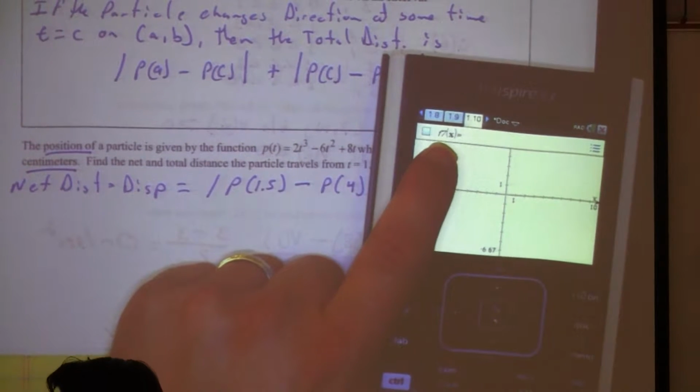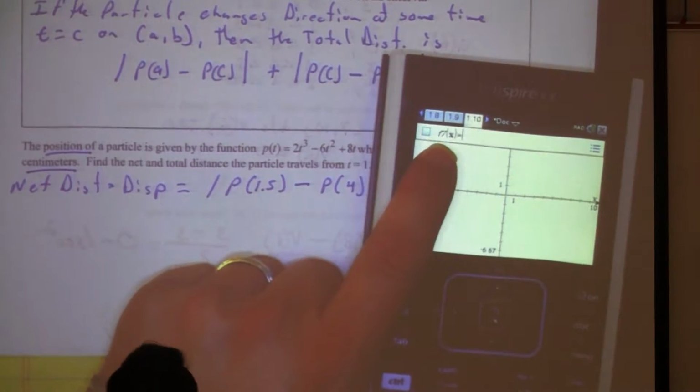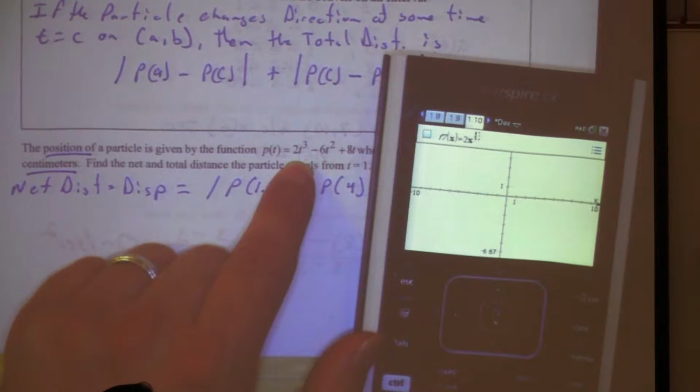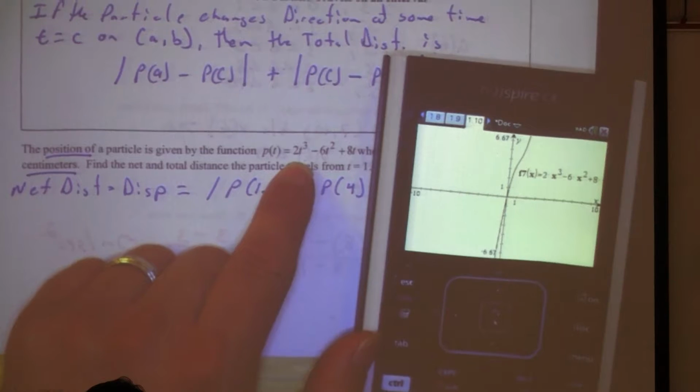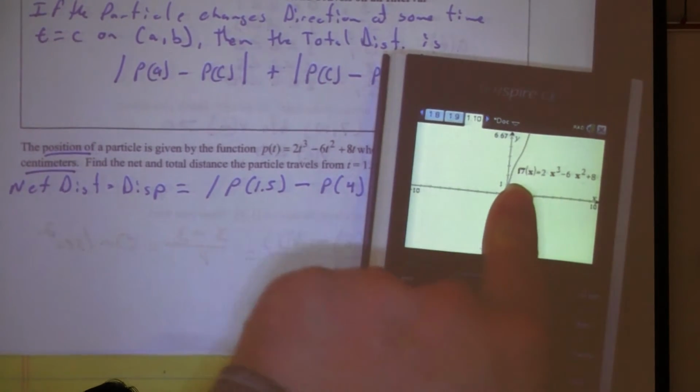On mine it's F7. I don't know what it's going to be on yours. Okay? So I'm going to enter 2x to the third minus 6x squared plus 8x. I'm going to press enter. Cool? Mine was F7. Remember what yours is, okay?